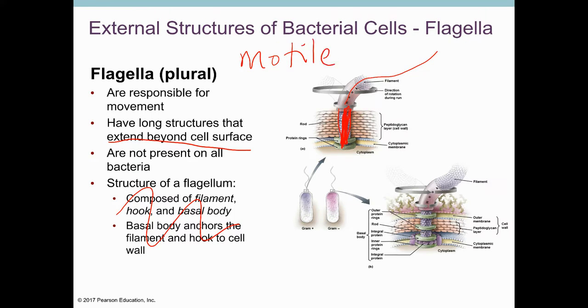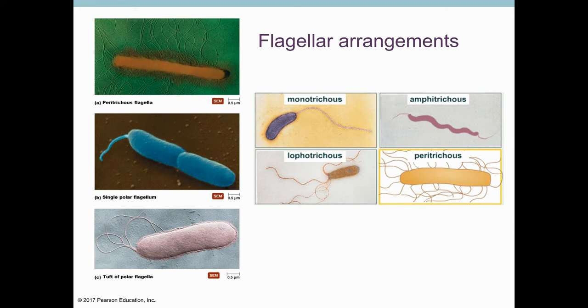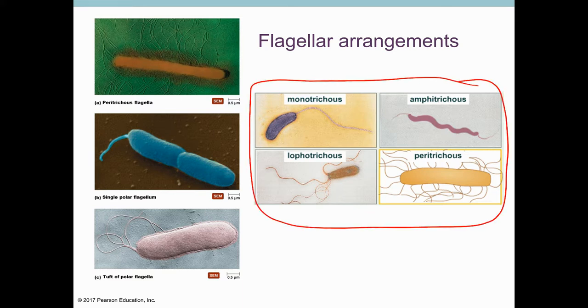So it has the ability for locomotion. That's another way to put it. Okay. What we're going to focus on with flagella primarily are what we call the arrangements, because this can be seen under a microscope and therefore used to help identify a microorganism. So I really want you to focus on these arrangements here, because these will be the words that I use. Your text adds some synonyms, but let's just focus on these.